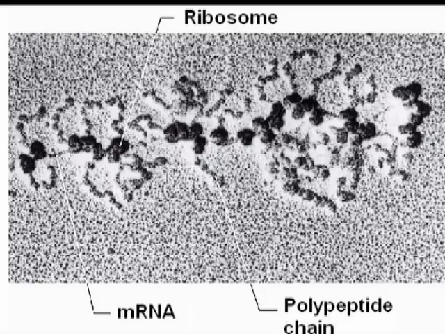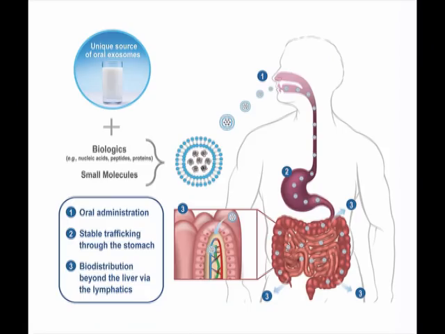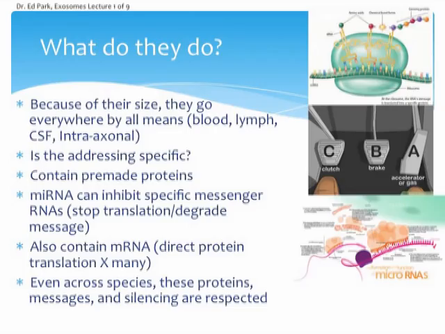So even across all species, these proteins, these messages, these silencing are respected. So when you drink cow milk, you're translating cow proteins, even though for all intents and purposes they're probably the same ones. And when they do experiments with mice, they use human exosomes because basically we have all the same machinery, and that's what's being made available currently in this very new area of study.